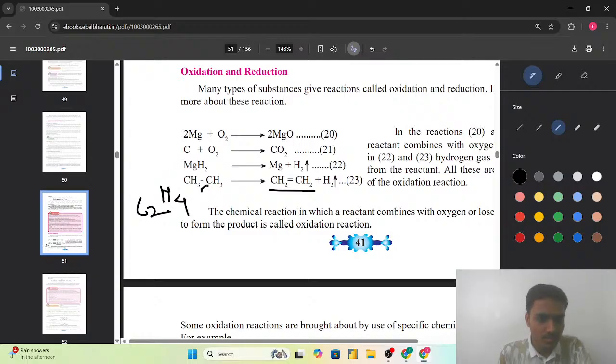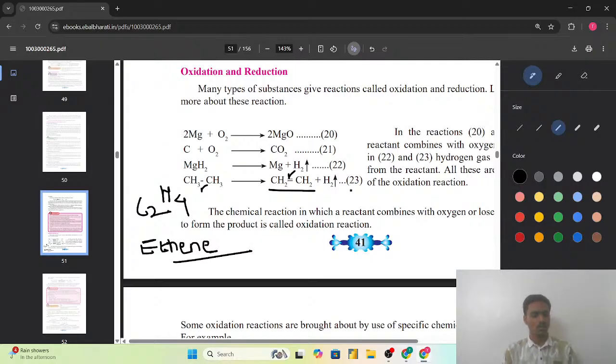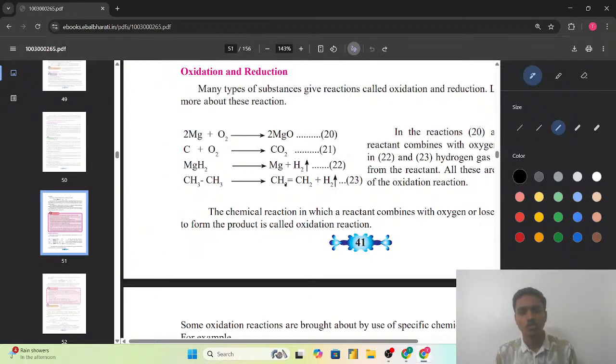As we can see, here is the single bond, here is the double bond. This is ethene. So ethane leads to the formation of ethene by giving off hydrogen gas.